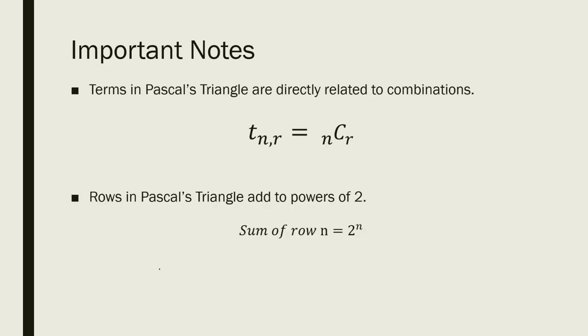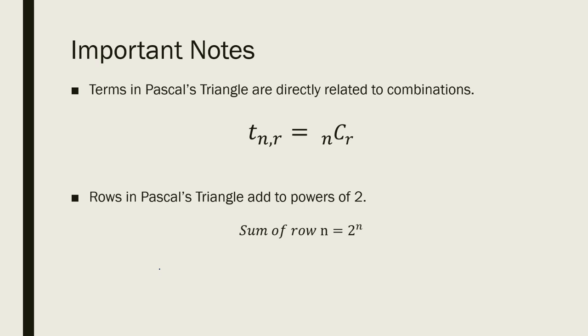So the big things you guys need to know about Pascal's triangle, besides how to make it and how the rows and diagonals are labeled starting at 0 and so on. The big idea is the terms in Pascal's triangle are directly related to combinations. nCr is the same as nCr. We've investigated that. So that would be something new for those of you who have seen Pascal's triangle before.